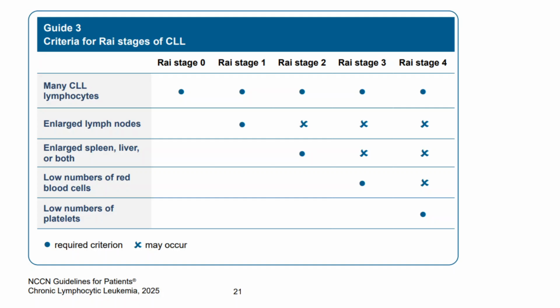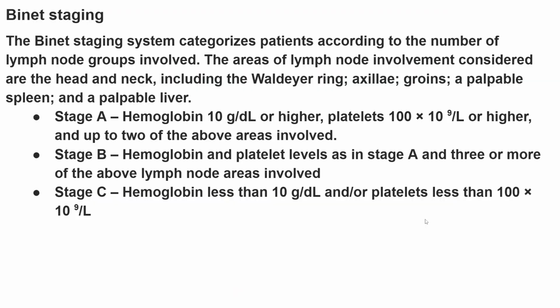Like if the patient has chronic lymphocytosis, the numbers are increased, then it comes as stage 0. If the patient has enlarged lymph nodes, then Rai stage 1, and if enlarged spleen and liver both, then Rai stage 2. If the numbers of platelets are reduced, then it comes as Rai stage 4.